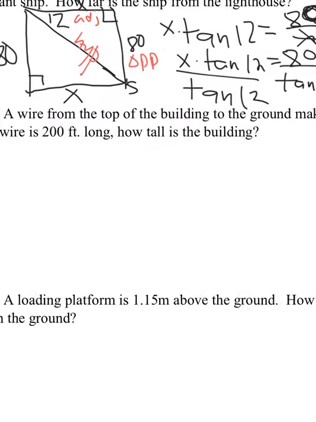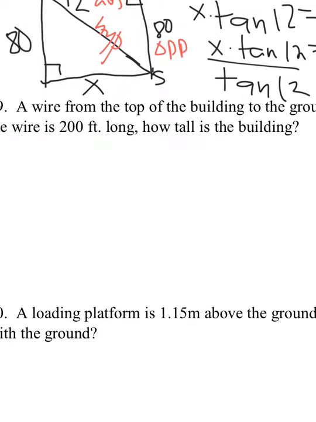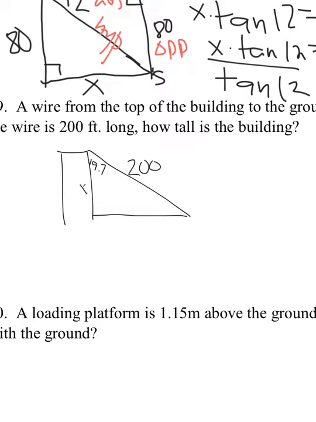So on the quiz, we gave you the picture to use, but basically, you have your building, there's 200 feet of wire, and the 19.7 is right there. They want to know how tall is the building. So not an angle of depression. This actually does put the 19.7 there.